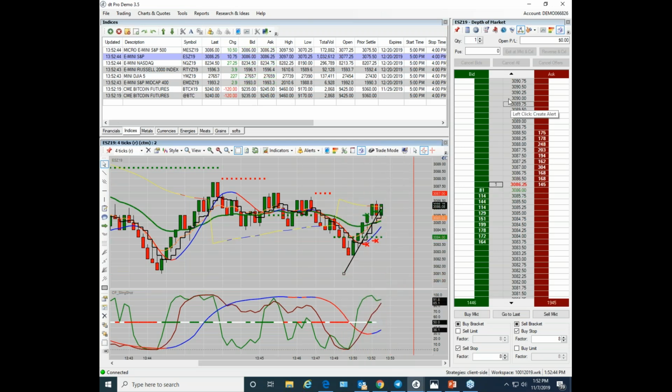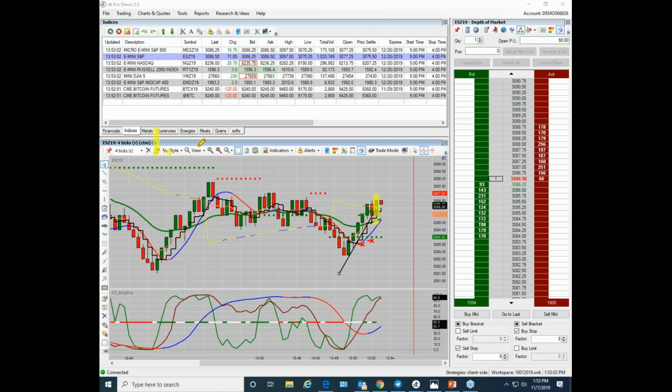The other disqualifier here that just popped up in front of us, which I'm kind of glad happened: notice how the black step line is piercing the BBC at the time of the down close. That's also a disqualifier. So number one, a lack of a trend, that's a disqualifier.